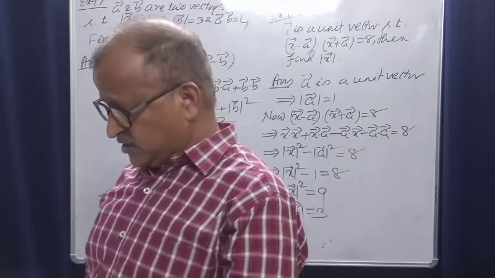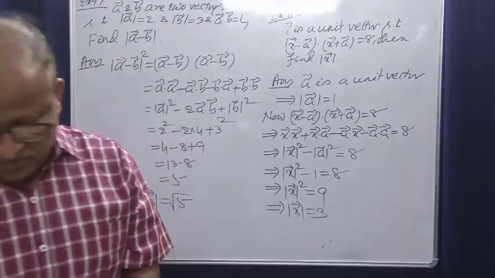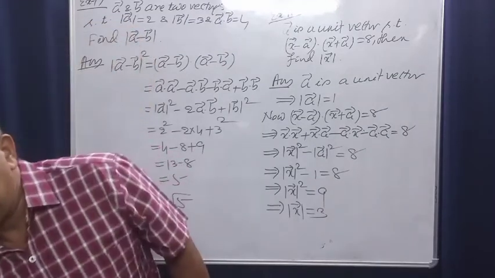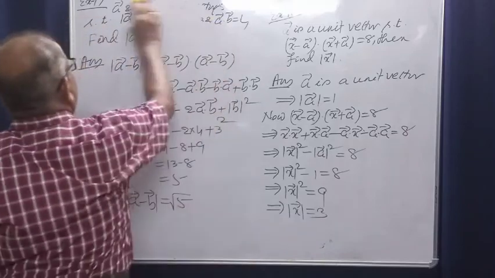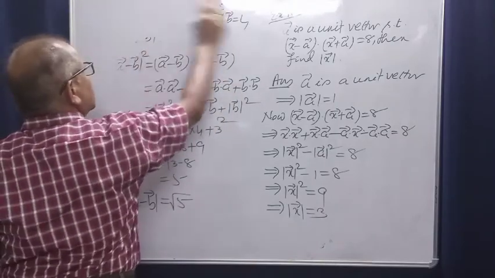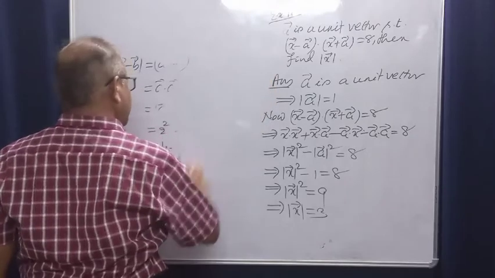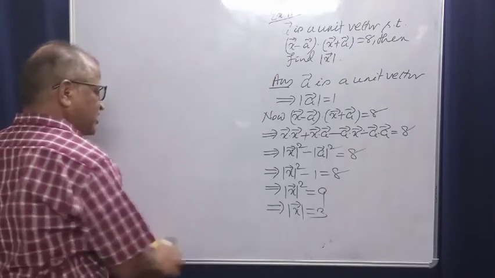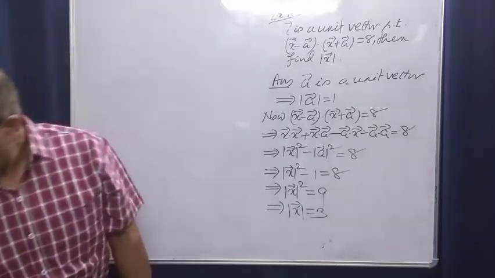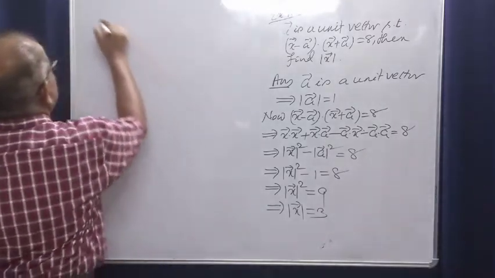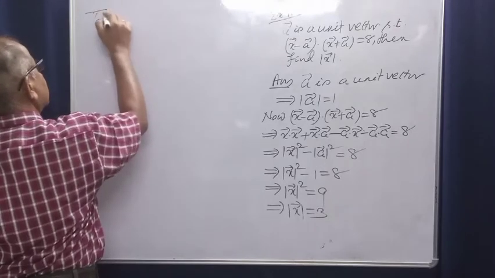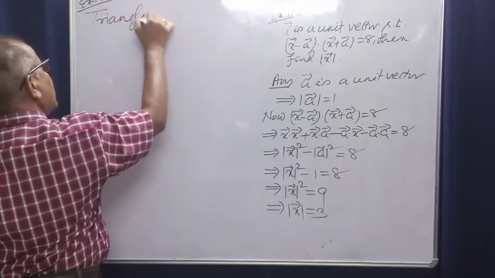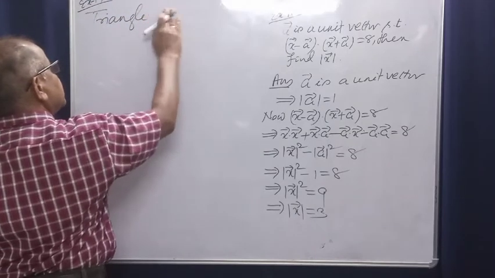For any two vectors A and B, magnitude of A plus B is less than equal to magnitude of A plus B. It's a very good example, an interesting inequality, called triangle inequality. Example 19, triangle inequality.